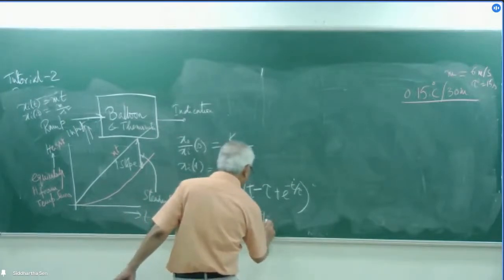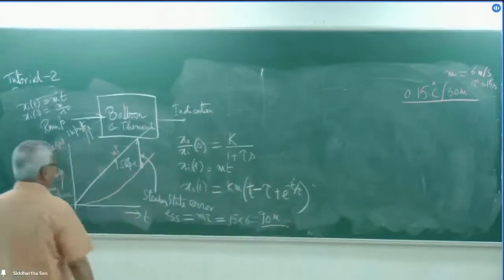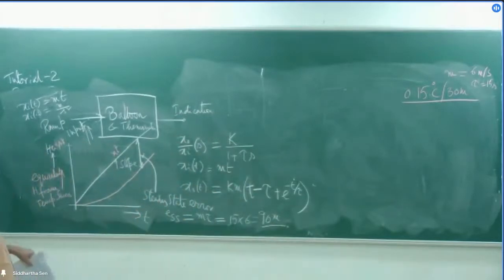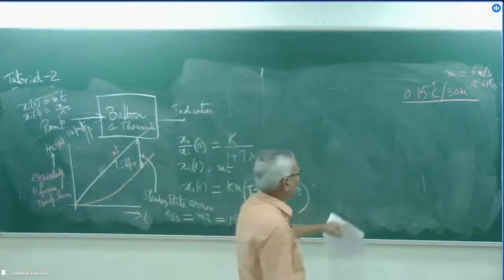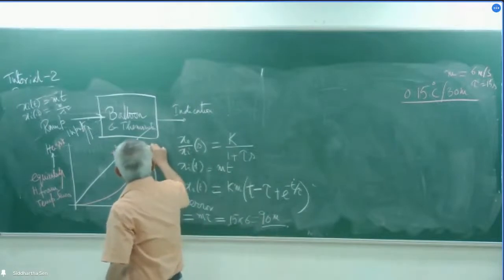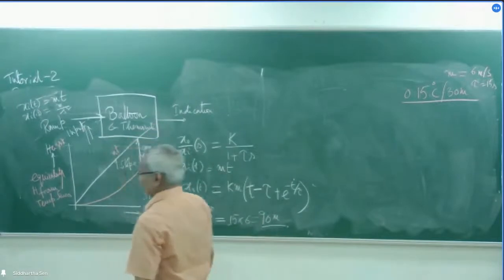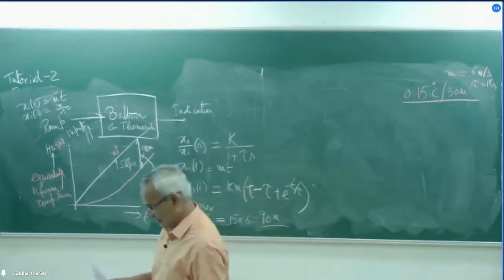It is equal to 90 meter. So if I measure the temperature, there is always a 90 meter gap in the steady state. I am assuming it has reached the steady state.